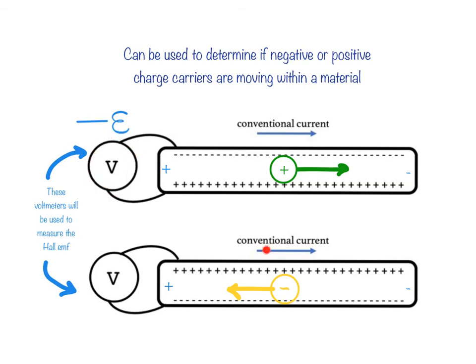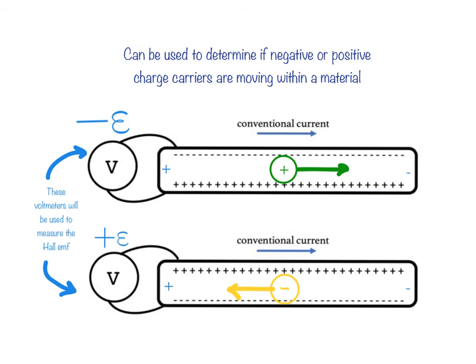But for the exact same setup, if it were negative charge carriers, I would see a flip, or a positive Hall EMF, that results. So what we find is that if the direction of the field and the current are known, then the sign of the charge carriers can be determined by the Hall effect, which is pretty neat.